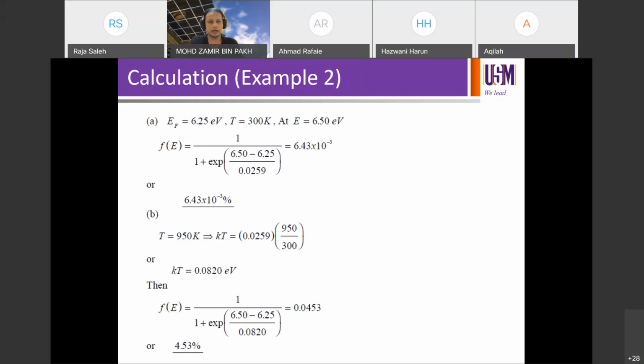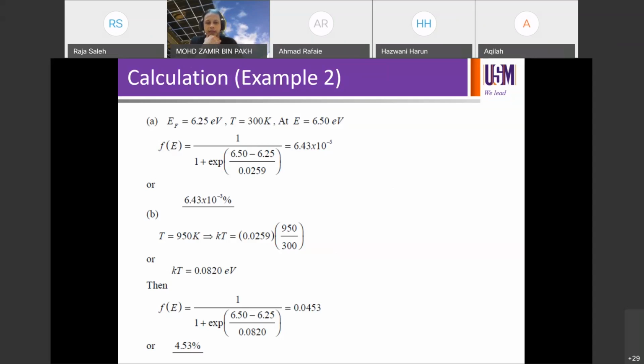So just rewrite Fe equals 1 over 1 plus exponential of (E minus EF) over KT. Then we know that our EF is equal to 6.25 electron volts, the T is 300 Kelvin, and the E that we want to calculate the probability of occupation at is 6.5 eV.